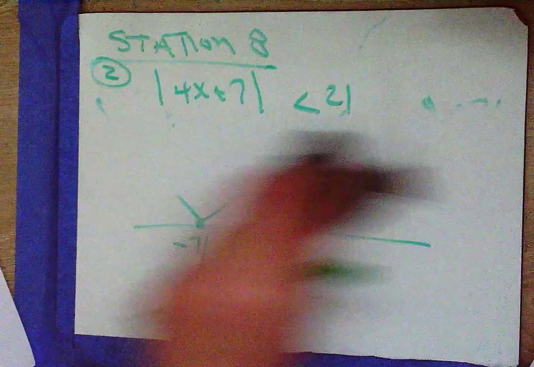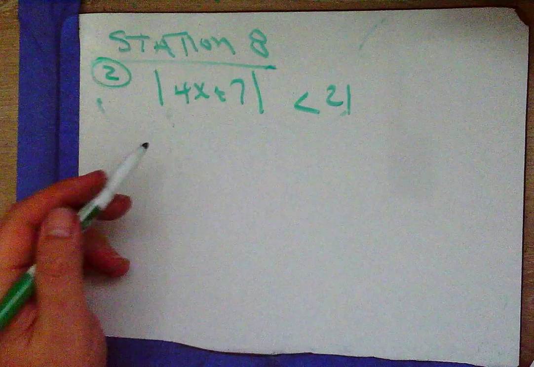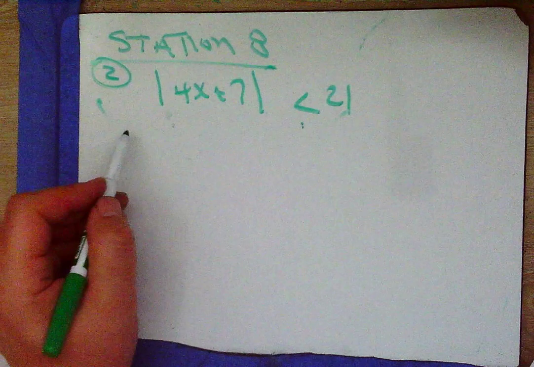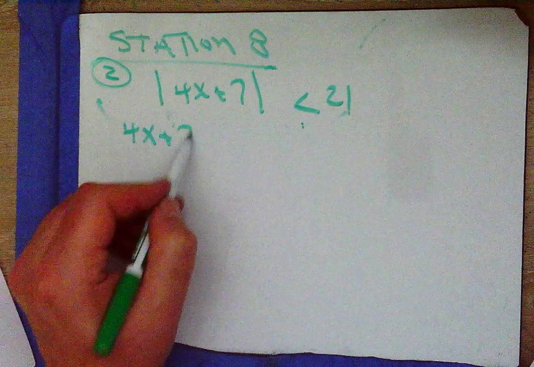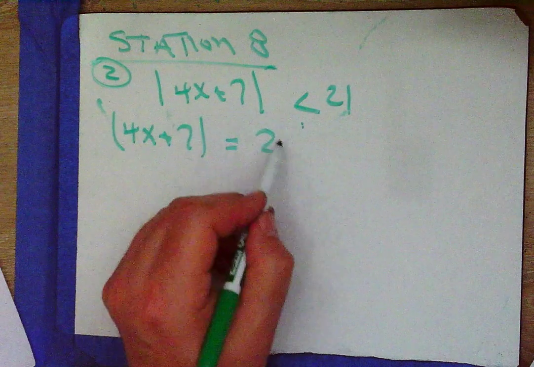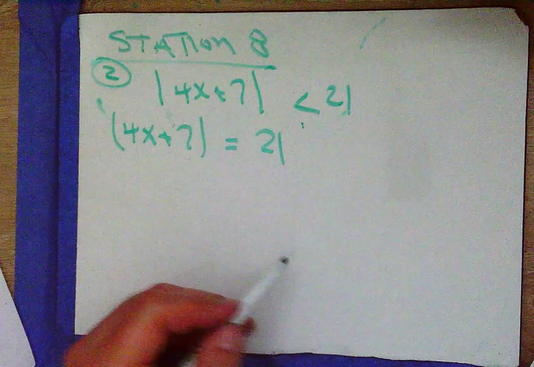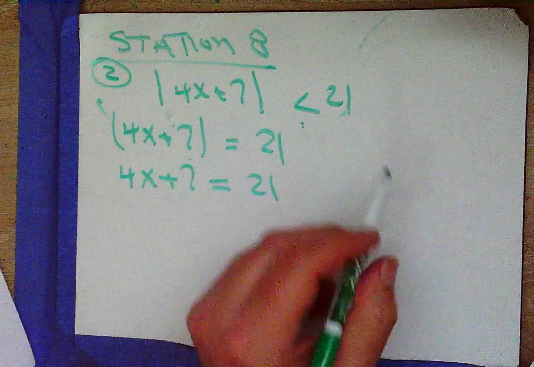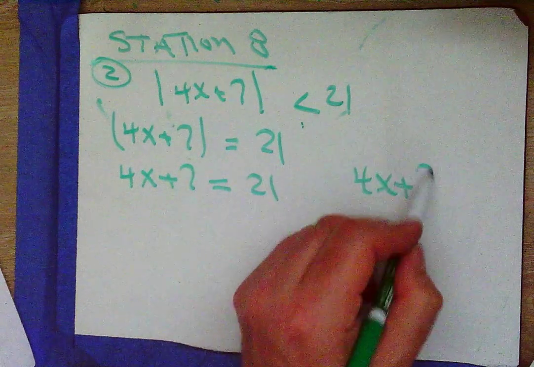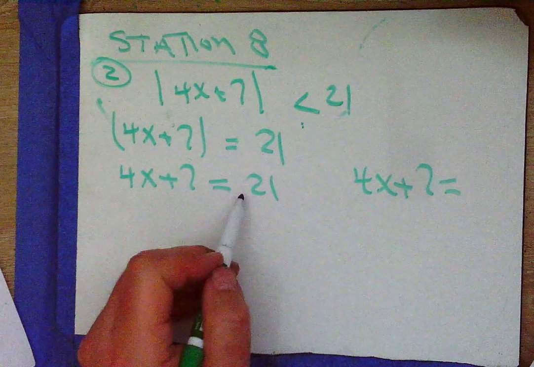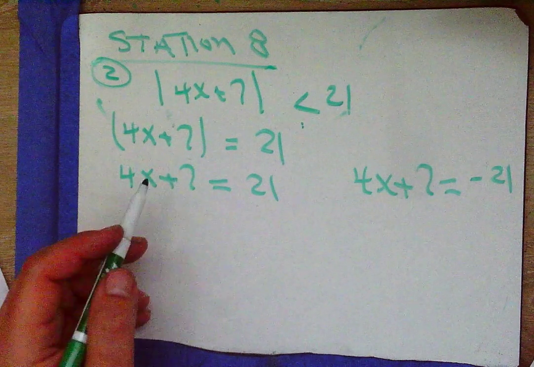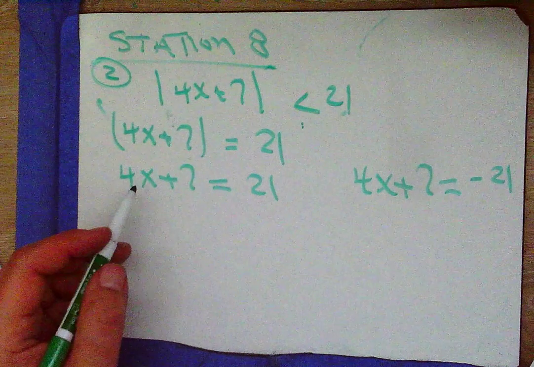It didn't really take very long for me to know that there should be 2 answers here. Remember, the first thing I want to do is turn that into an equal sign and write my positive and negative components. My positive component, 4x plus 7 equals 21. My negative component, 4x plus 7 equals, change the sign over here, negative 21. So I'm going to now solve for x in each of these cases.